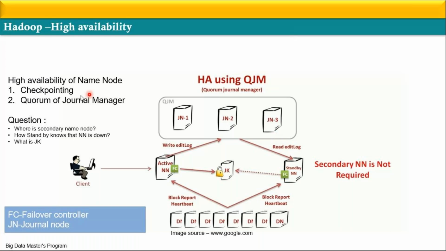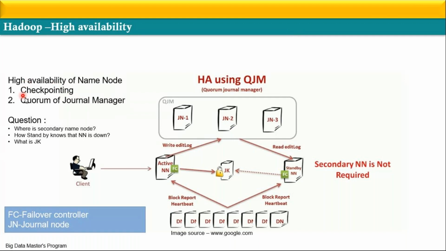One thing that we have seen is checkpointing. If the name node is down, then the secondary name node was there to take the responsibility of the master node, and it was serving that particular purpose. So checkpointing is one solution.